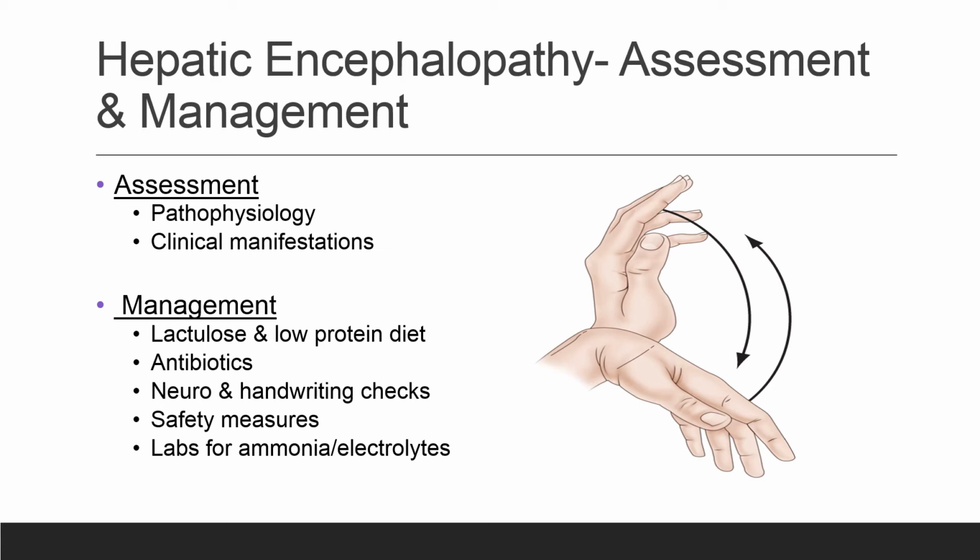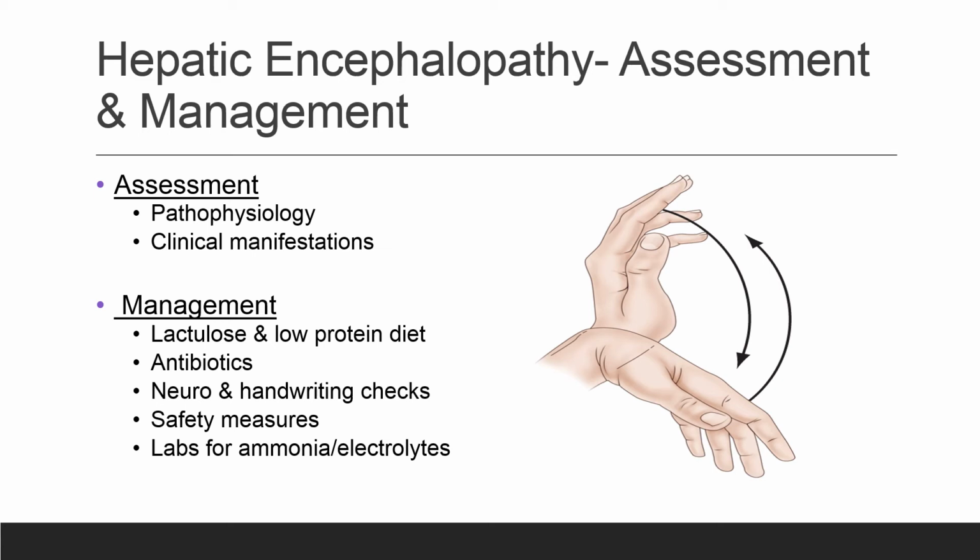Because of the central nervous system depression, you want to monitor their respiratory rate, their airway, and their labs for fluid and electrolyte imbalances.